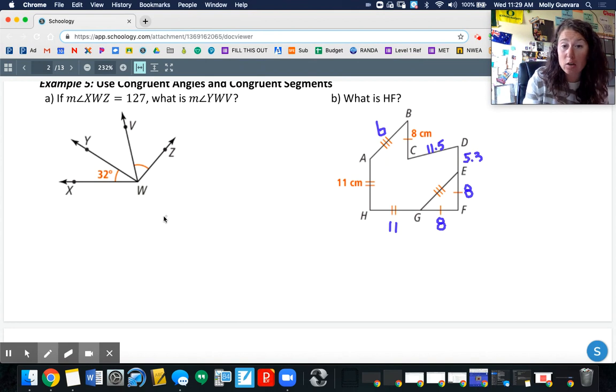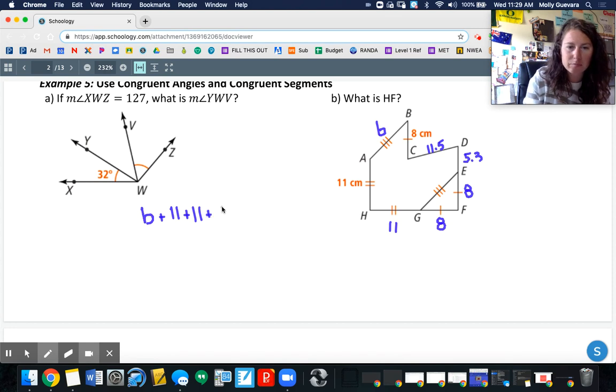So I can write an equation for this. I can say B plus 11, so I'm going this way, B plus 11 plus 11, plus 8.